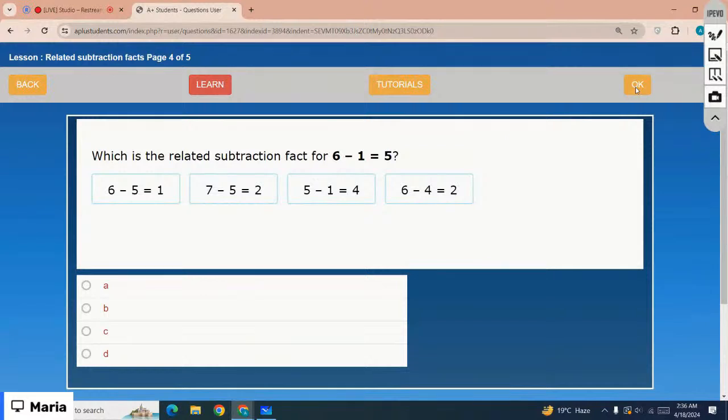The correct option is yes, that's A. 6 take away 5 equals 1 is the correct option.